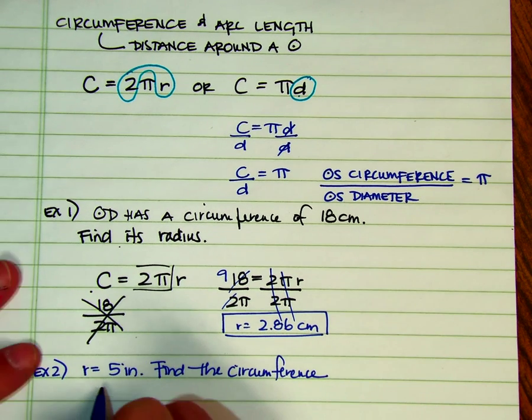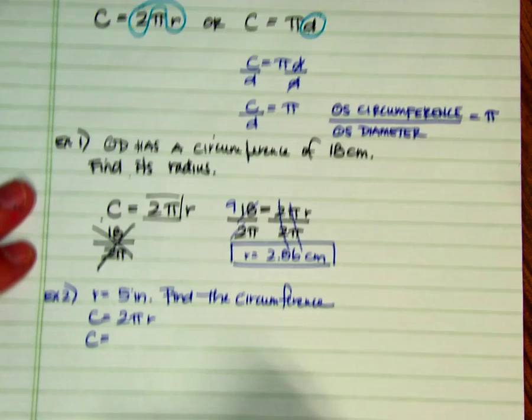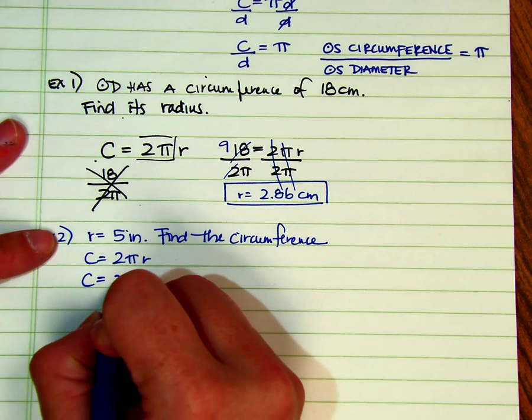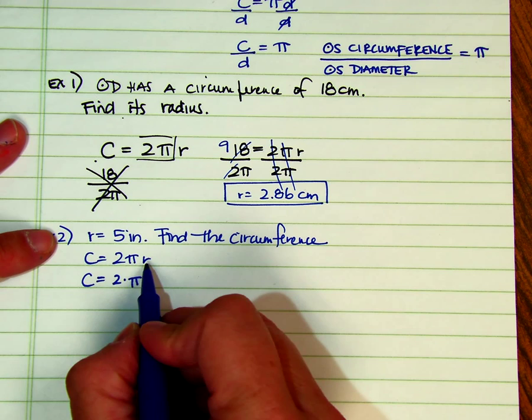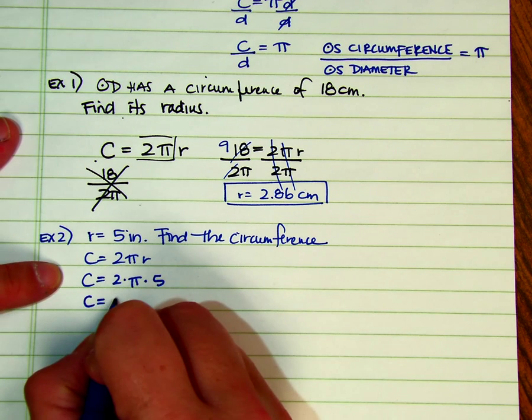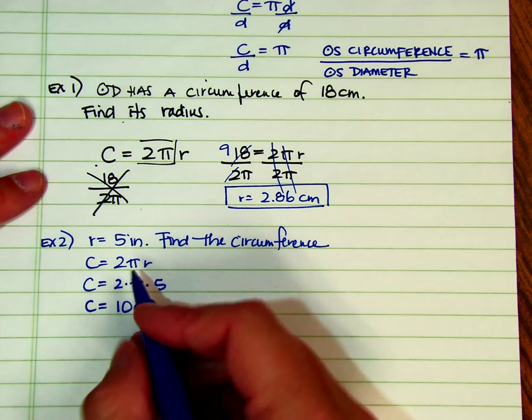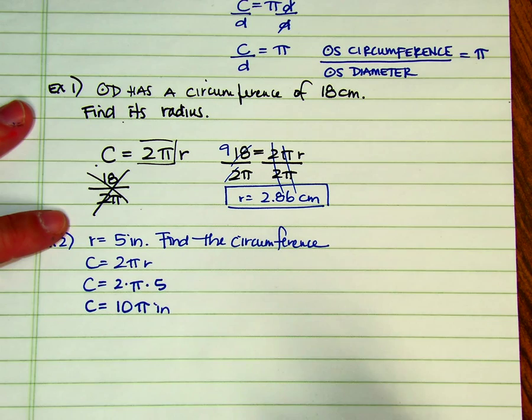So I have the circumference equals 2 pi r. Circumference equals 2 times pi times my radius, which I was given as 5. So the circumference equals 10 pi. I'm going to stop there for a minute. So it'd be 10 pi inches.